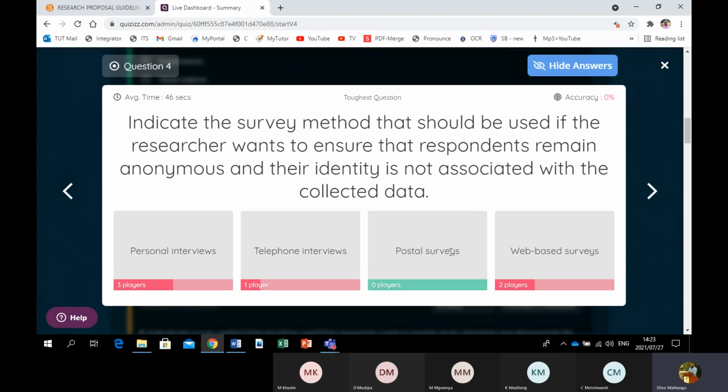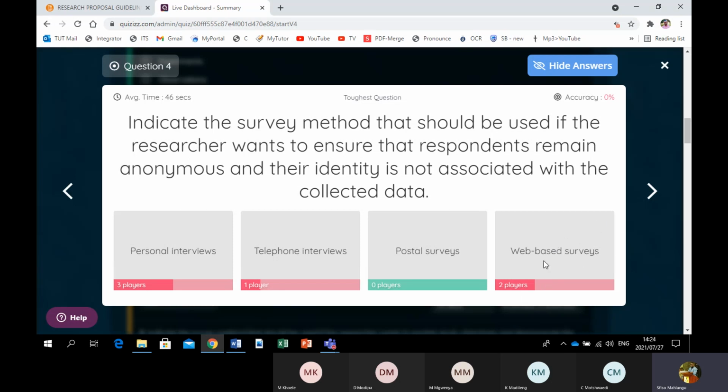And then when I send it back, I don't put my postal address back. With web-based survey, I see 2 players chose that one. It does encourage or guarantee anonymity to some extent, but someone can look into your data and associate you with the answer you chose, because we log IP addresses, so it's still an issue here.